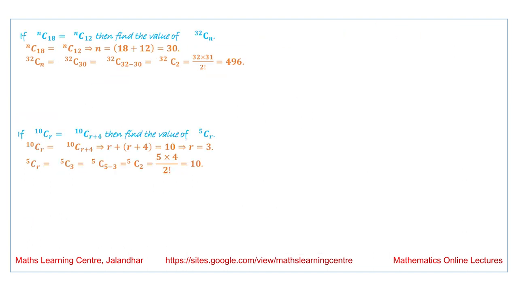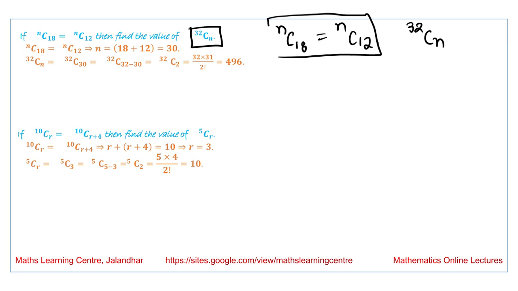Next is, if nC18 is equal to nC12, we have to calculate the value of 32Cn. So we are saying nC18 is equal to nC12. From our previous result, clearly these two values are not equal to each other. It means the sum of these two values should be equal to n.